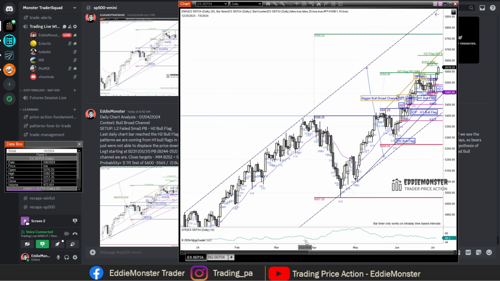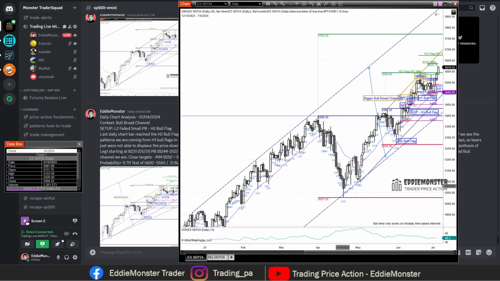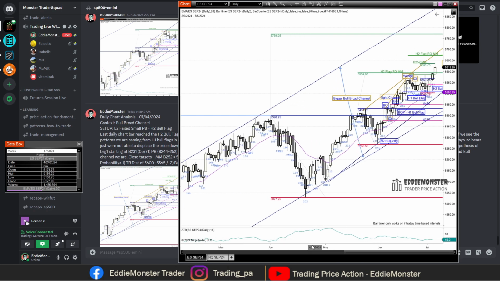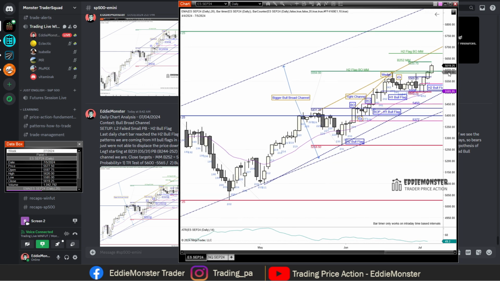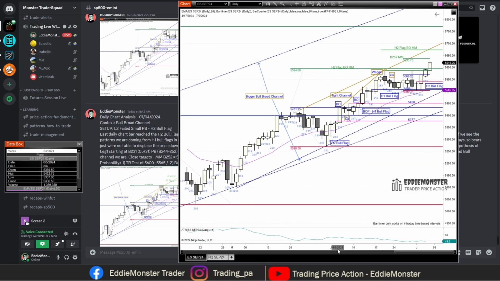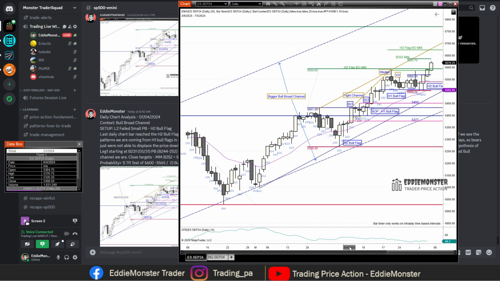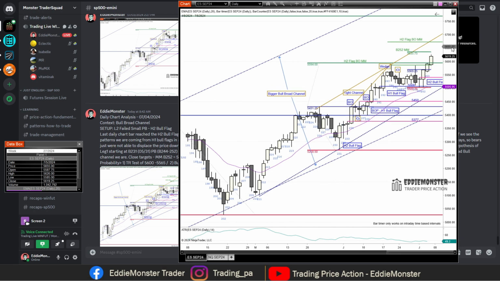We have this trading range measure move off here in 5670, 5770 area. So a lot of space up. I don't like to have bias, but the price action is showing us that the bulls are in control in the higher time frames.